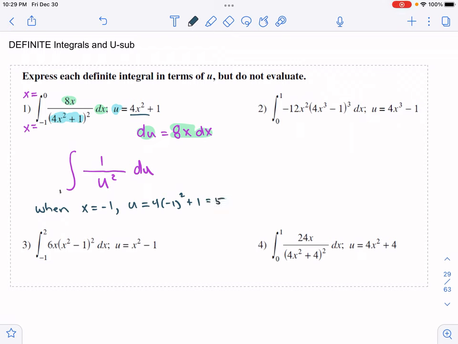So I'm going to put a 5 down here. And when x is equal to 0, u is equal to 4 times 0 squared plus 1, which is just 1. So this would be the integral we'd want to now do, and it's much more manageable than the original. The instructions here are not to follow through, but just to transform the integral, not to evaluate. Let's just do a few more.